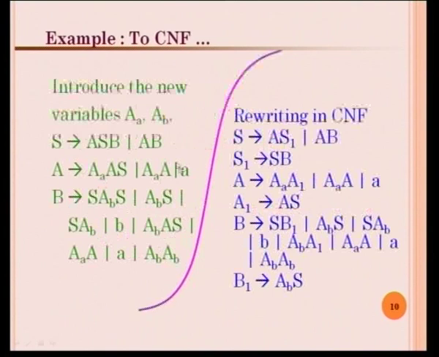So, here we have the new grammar after replacing the terminals by the corresponding variables. The first one we do not have any problem, and the second one is also no problem. But when you look at the third one, the production for capital A, we found that there was a small a already there, followed by capital A's. So, for the small a we have given the replacement capital A with suffix a, and here also the same thing has been done.